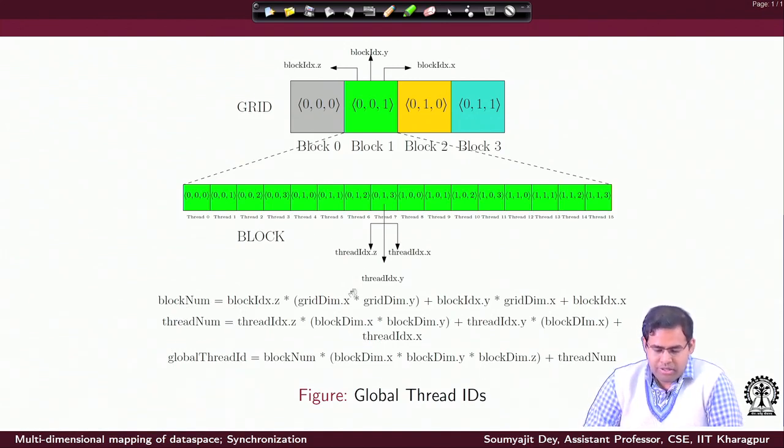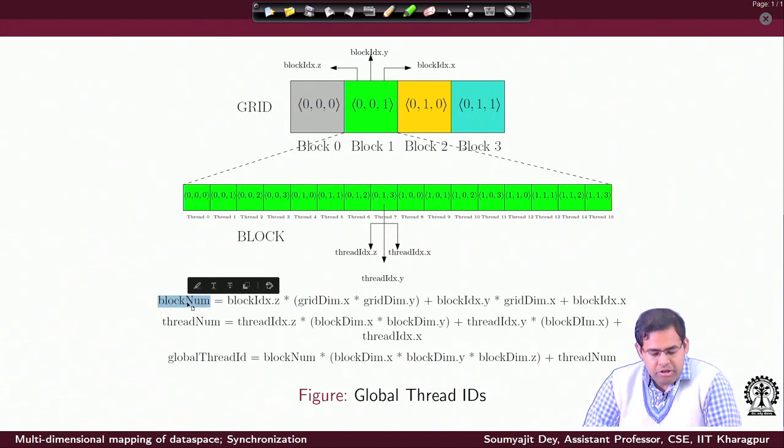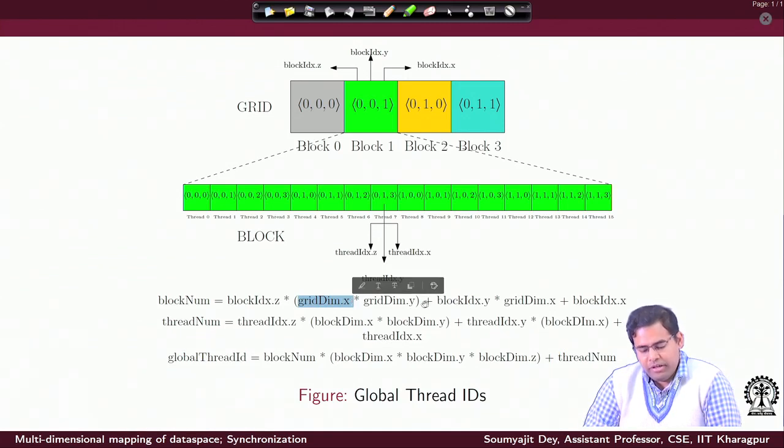What is the current block number for a given thread? I can find that out by evaluating an expression like this: for this thread, the block number is given by the block ID in z dimension multiplied by the dimension of the grid in x and y dimension.